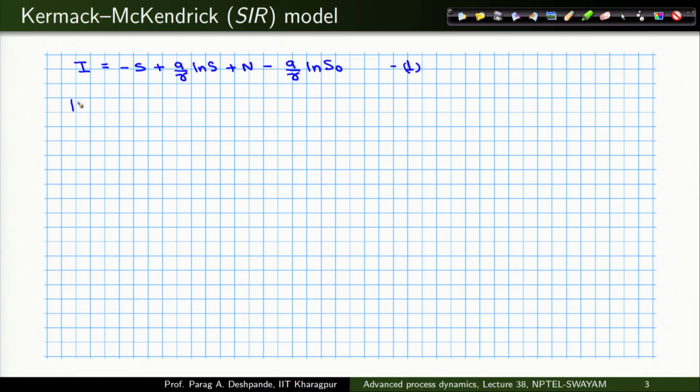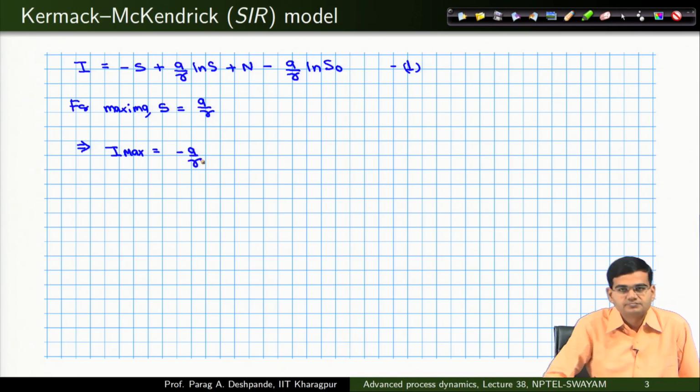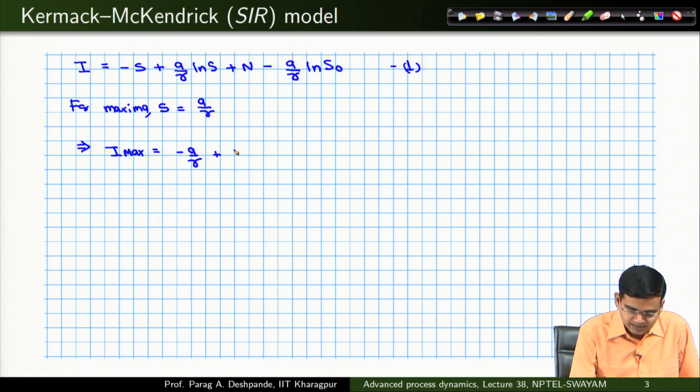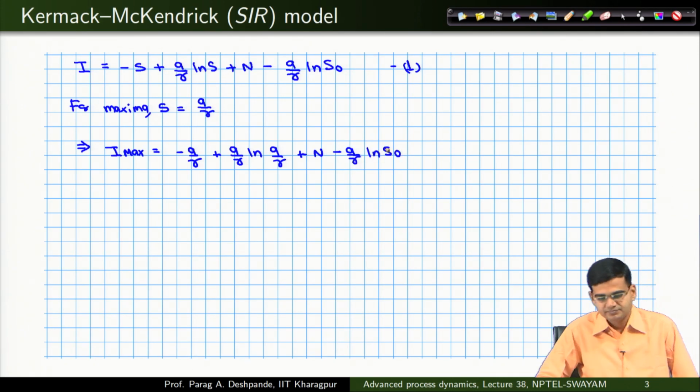So, for maxima, I have S should be equal to a upon r, from where I can write I max is equal to minus a upon r plus a upon r ln a upon r plus n minus a upon r ln S0. Fine.